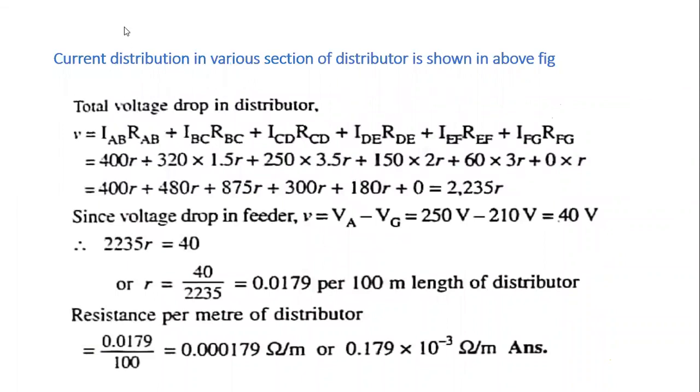Next we calculate the current distribution in various sections. What are the currents and voltage drops? First of all we calculate the currents and then we calculate the voltage drops. What is the formula for section AB?